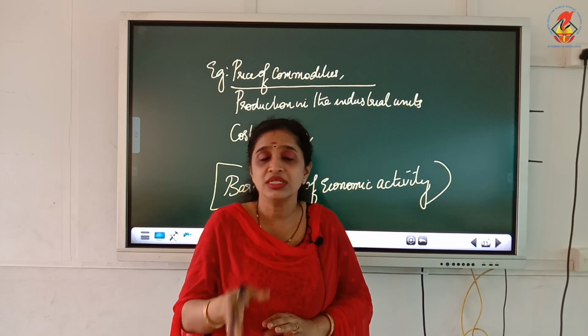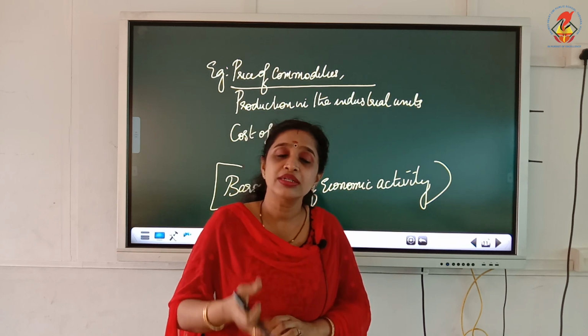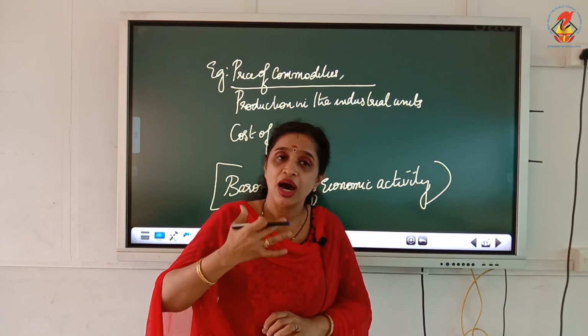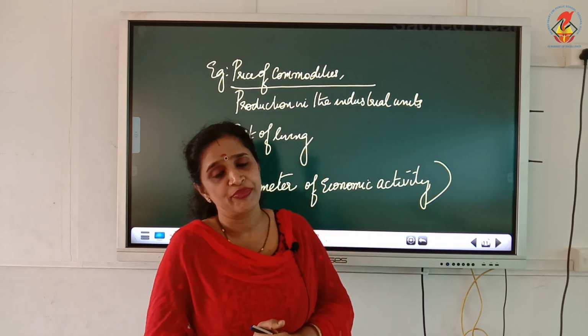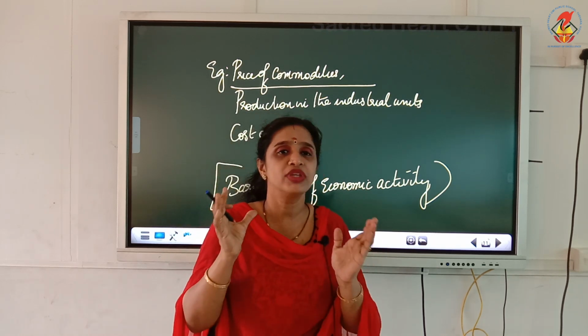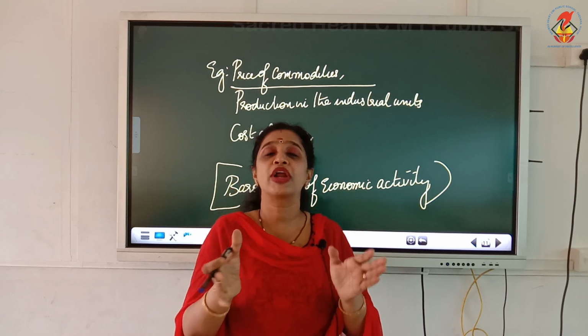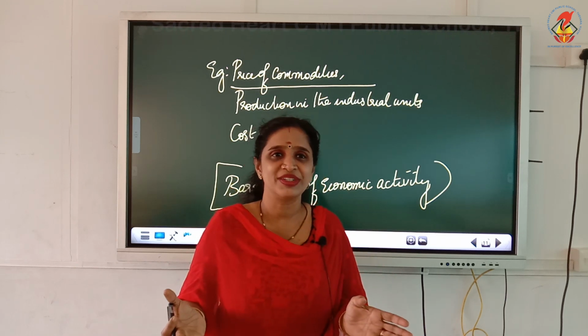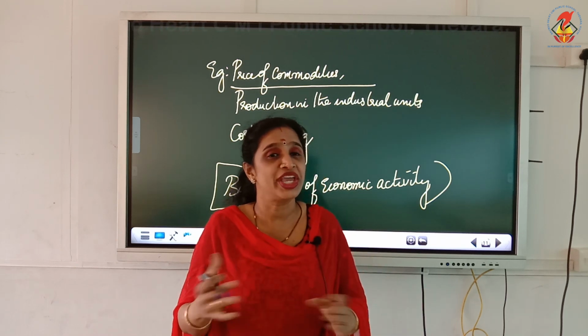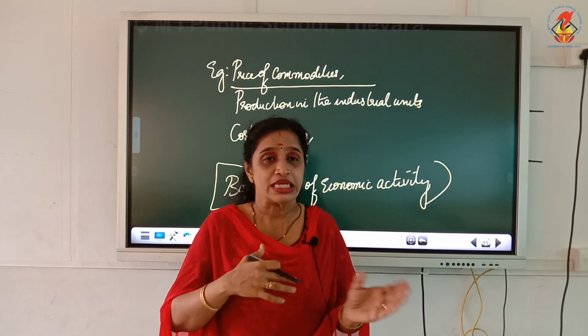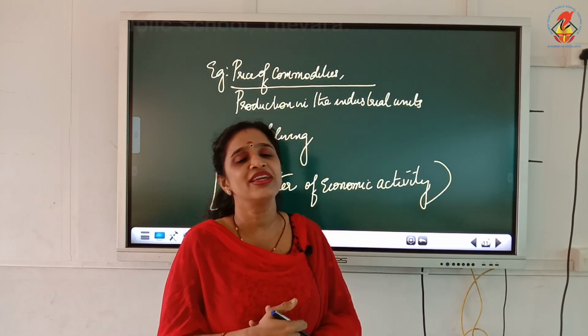So, the present year is the current year and all others are referred to as the base year. How far the prices of the commodities have changed from the base year to the current year, that kind of change in the magnitude of the variables is what is studied by index numbers.